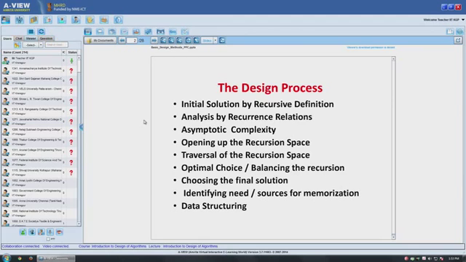So, in the morning today we have seen a few examples of how to get the initial solution, and we have seen two of the schemes. One was balancing the split, which is actually optimizing the divide and conquer, which we do by asymptotic analysis of the recurrence relation, opening up the recursion space.